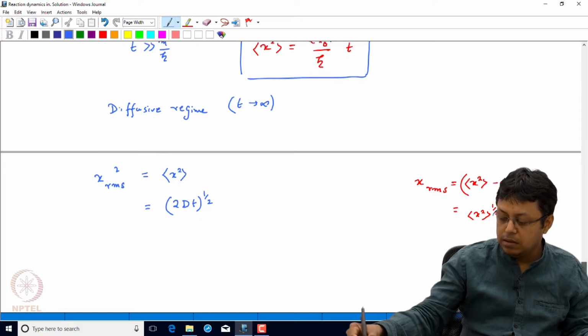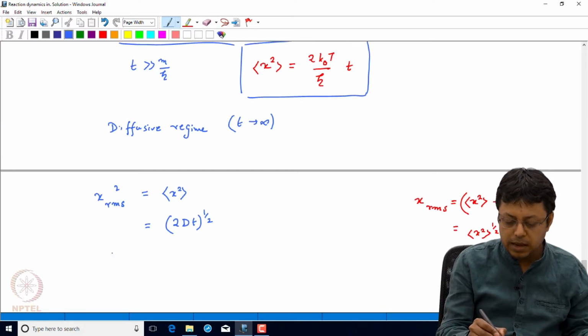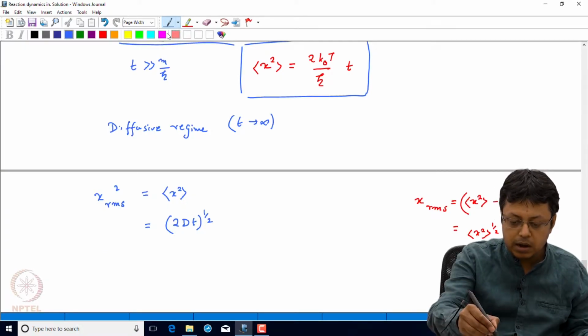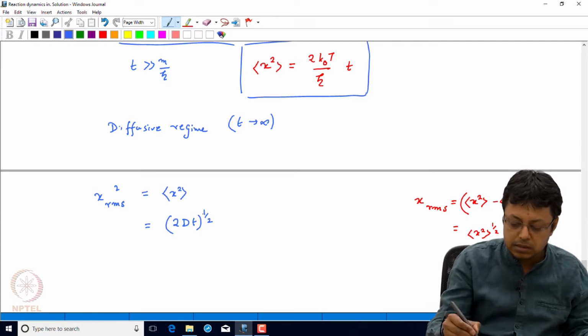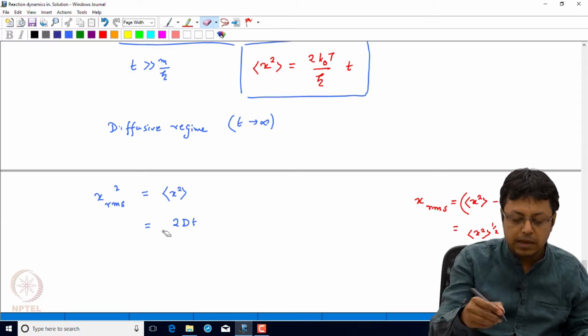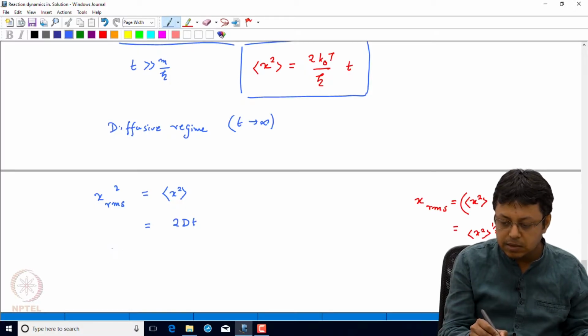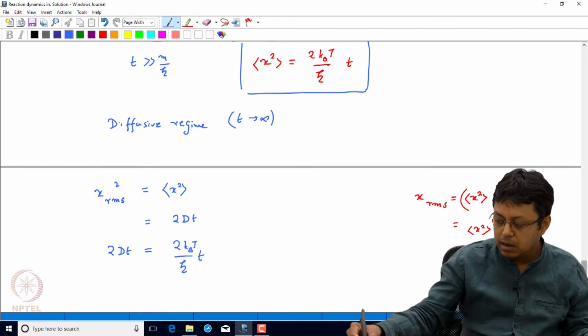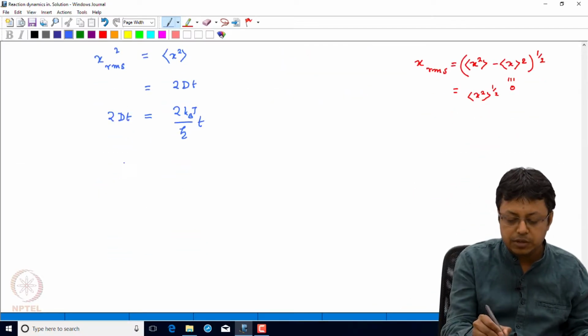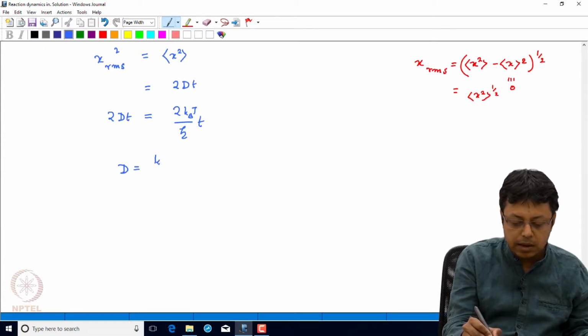So we can equate these two equations, and if I take the square of this quantity, there will be no half, because this half is only for the RMS, and we are taking the RMS squared. So what we see here is that twice Dt is nothing but twice kBT by zeta into t, and now you can get a very handy expression for the diffusion coefficient, which is D equals kBT by zeta.